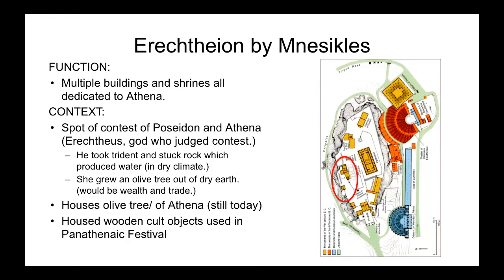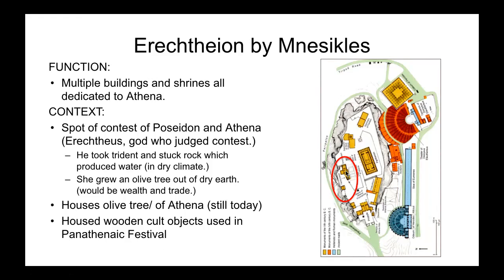When you go to the Erechtheion today, you'll still see a rock inside the structure, in a little enclosure with a mark in it denoting where the trident struck it, and out came the water. There's also an olive tree planted in that area.